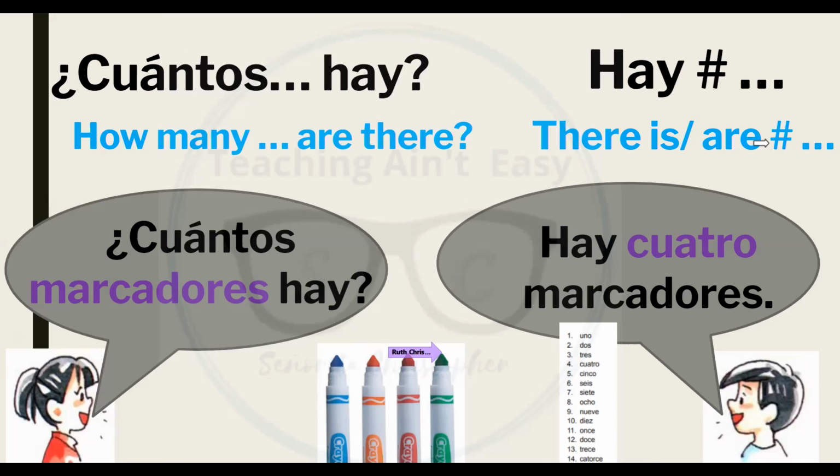Then we put the number, which is cuatro. And if we see on our screenshot from our vocab list, that cuatro is 4. And then we want to specify which object we're talking about, which are marcadores. Hay cuatro marcadores. Good. All right, let's do another example.